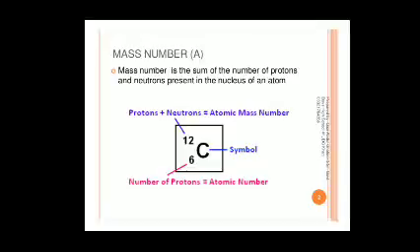The sum of protons and neutrons present in the atom is called mass number. This mass number is denoted by capital A. Therefore, mass number A is equal to the number of protons plus the number of neutrons.